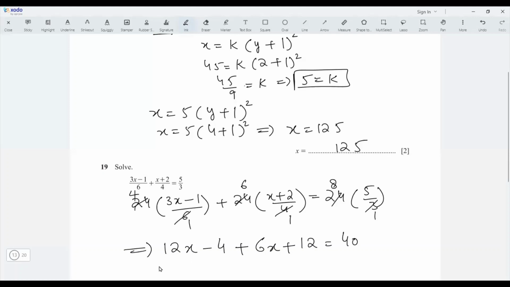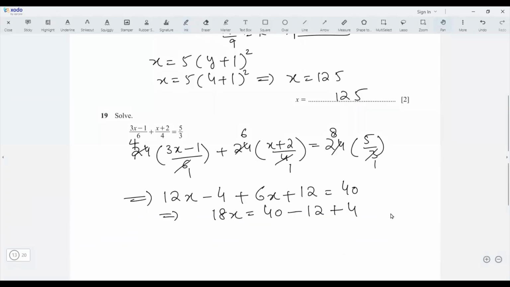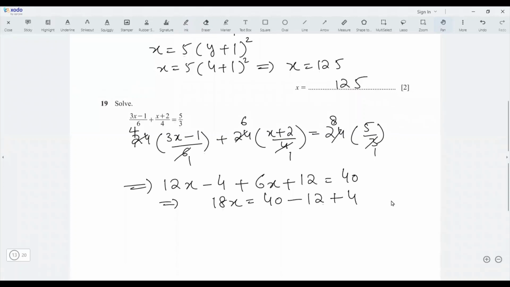Now bringing constant numbers onto one side, 12 plus 6 is 18x, equals to 40 minus 12 and plus 4. So 40 minus 12 is 28. 28 plus 4 is 32. So 18x equals to 32.